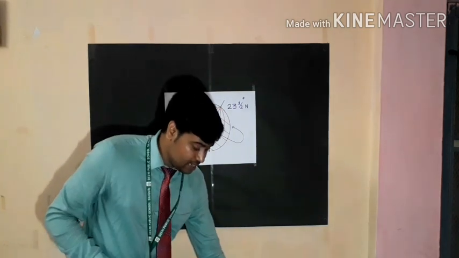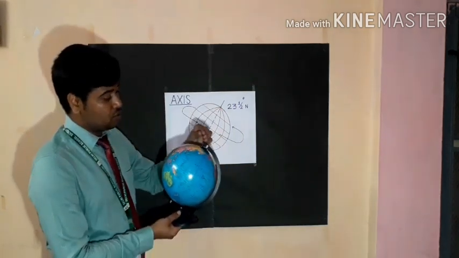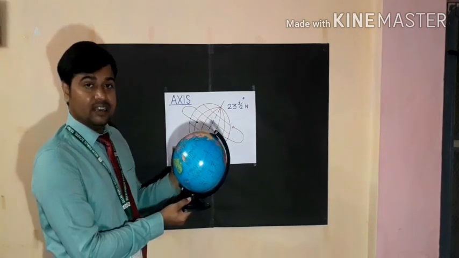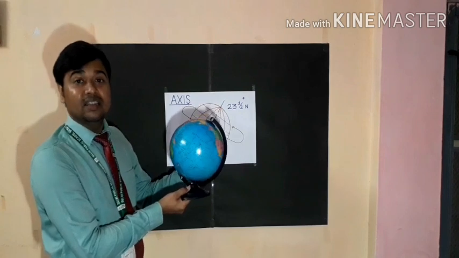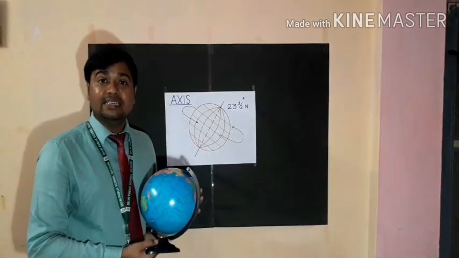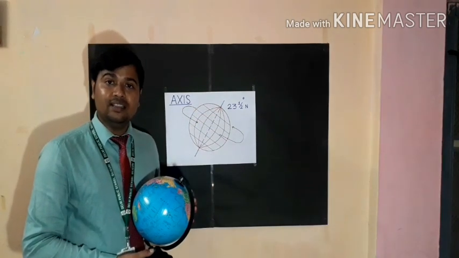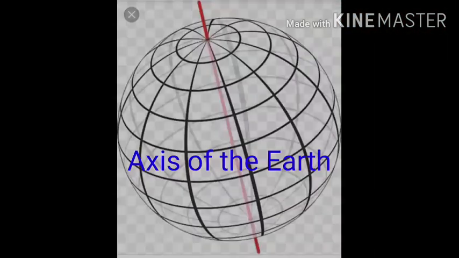That's why in the globe also you can see it is not vertical like this. It is tilted because the axis of our Earth is tilted.